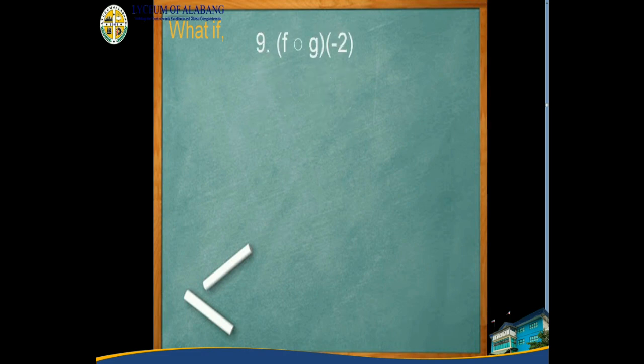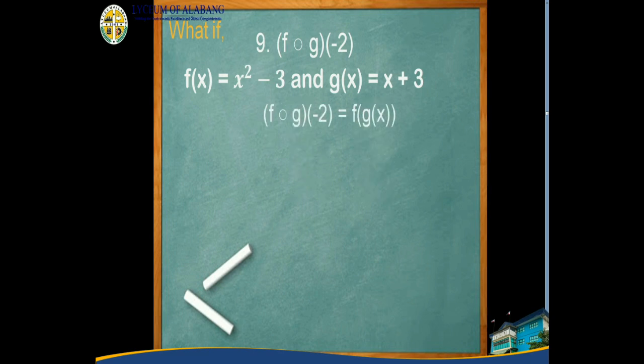And next, number 9. Evaluate the function f composition of g of negative 2, where f of x is equal to x squared minus 3 and g of x is equal to x plus 3. The notation of the function f with g is f composition of g of negative 2 is equal to f of g of x.